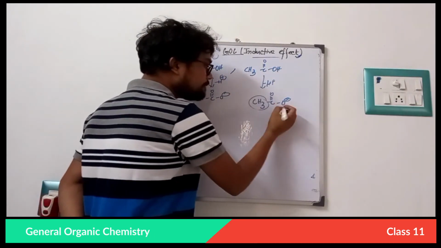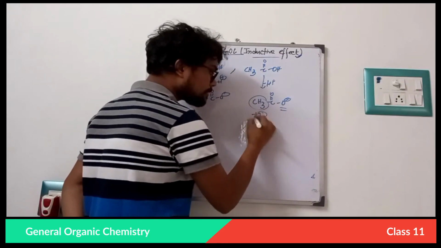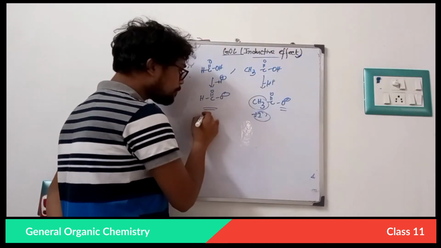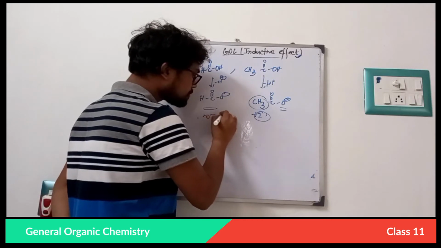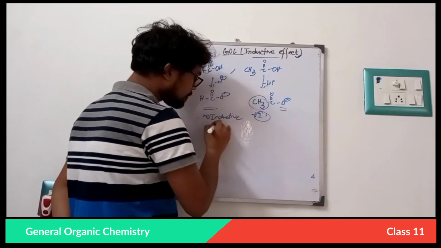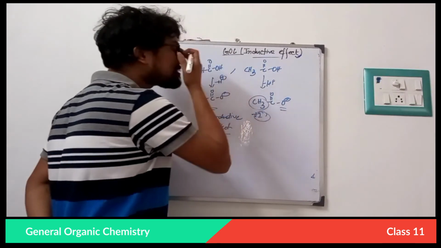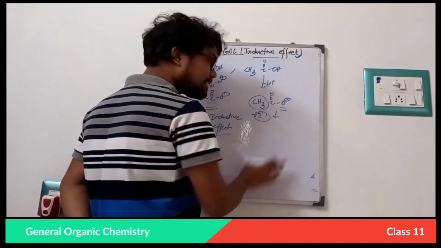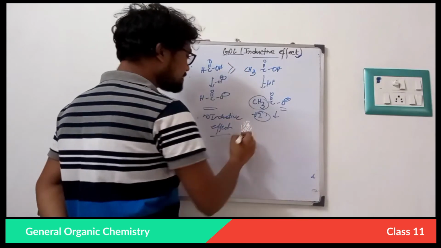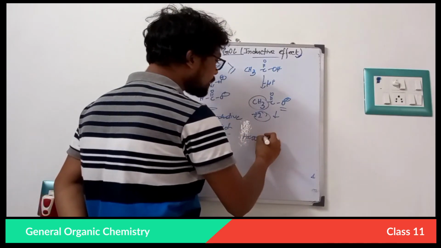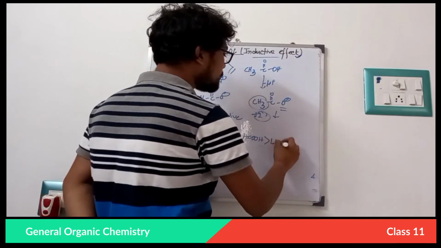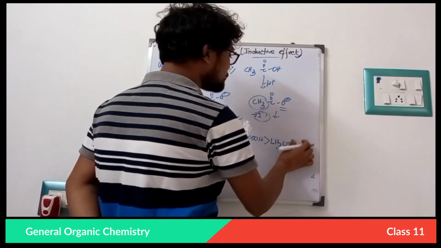The acetate negative charge has 1 plus I effect, but in formate there is no inductive effect. So acetate becomes unstable. So formic acid is more acidic than acetic acid.